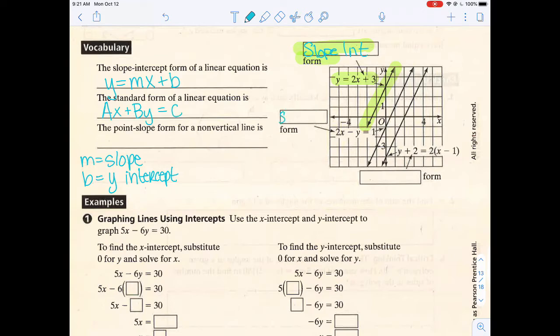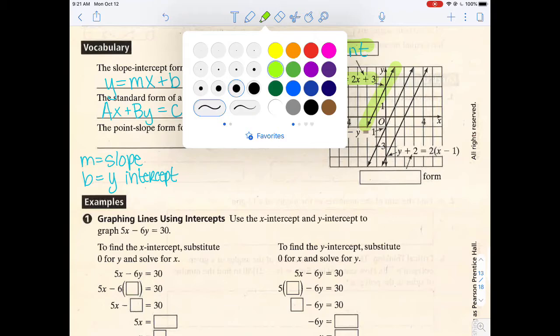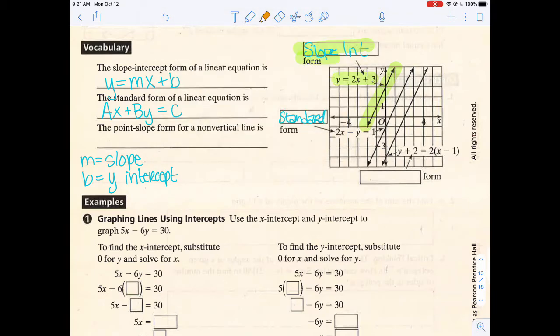So that would be this next equation right here. This is in standard form, and it says 2 times x minus 1 times y equals 1. So that would be this equation in this line.